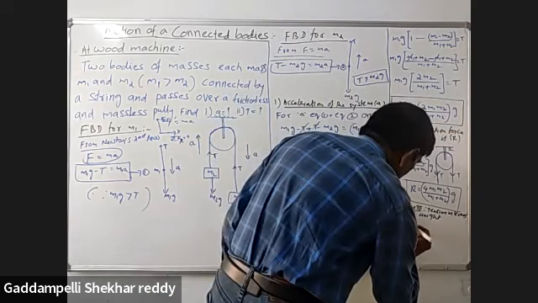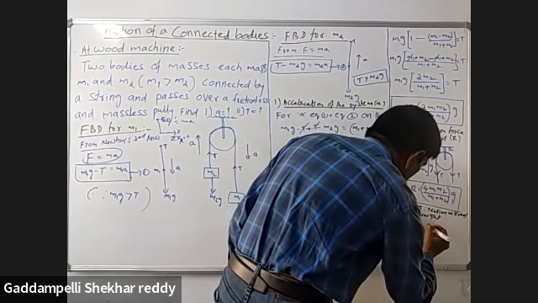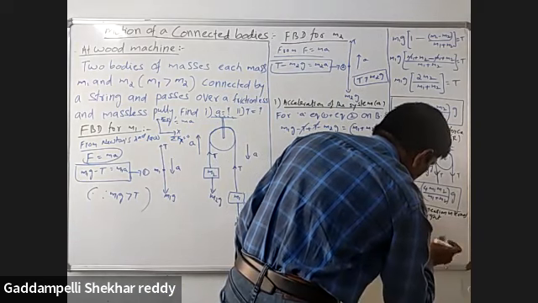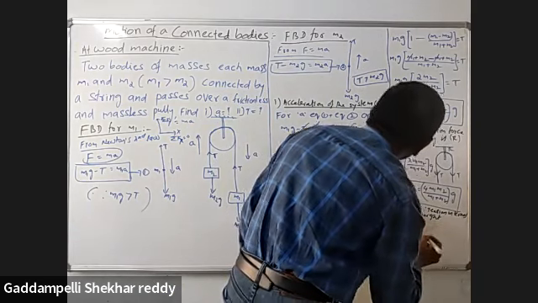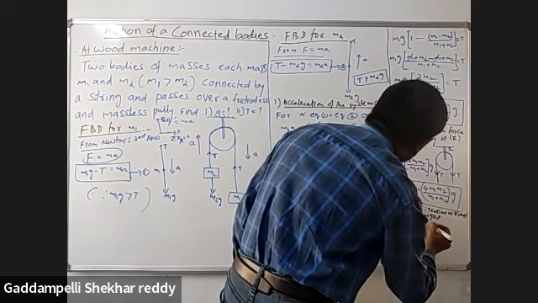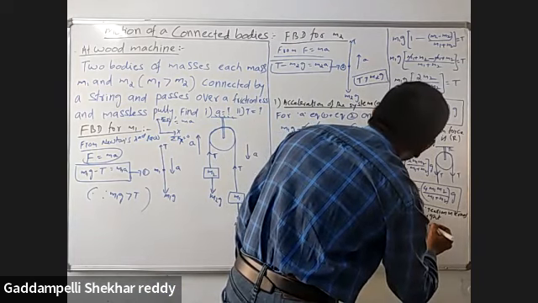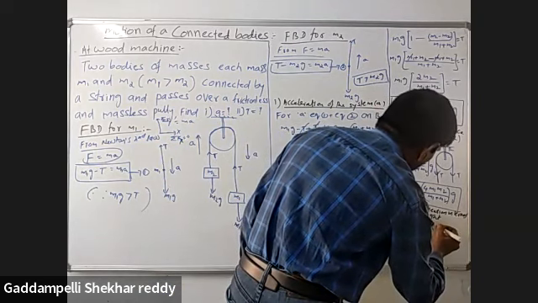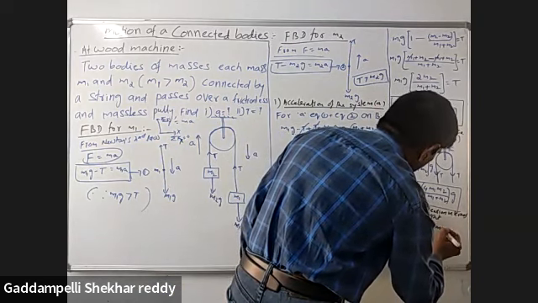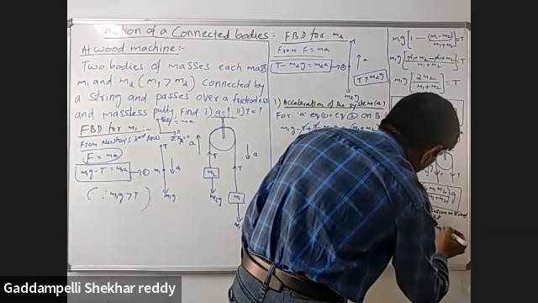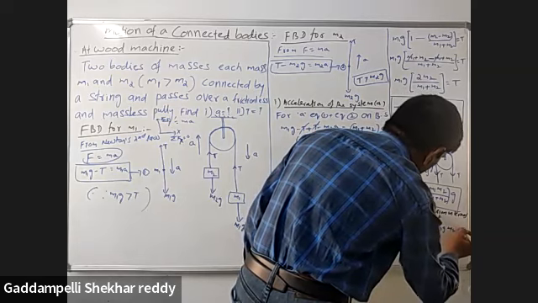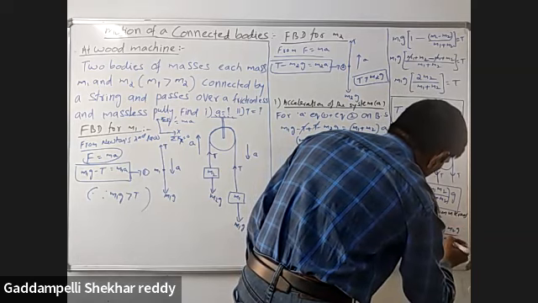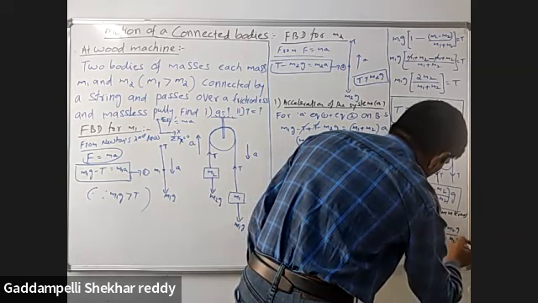So tension is equal to m1g m2g by (m1g plus m2g).